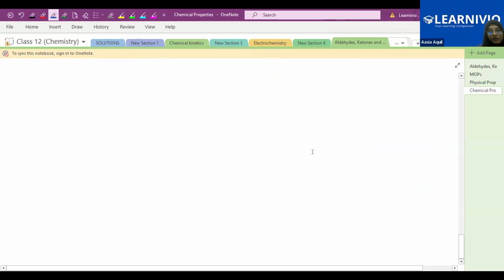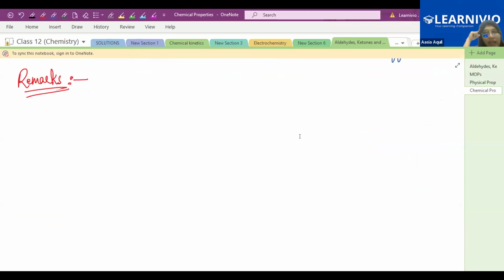Okay. Now, in the remarks, write down one more thing. See the structure of 2,4-dinitrophenyl hydrazine. This 2,4-DNP is used to distinguish between aldehydes and ketones and other groups, like carboxylic acid and ester groups.